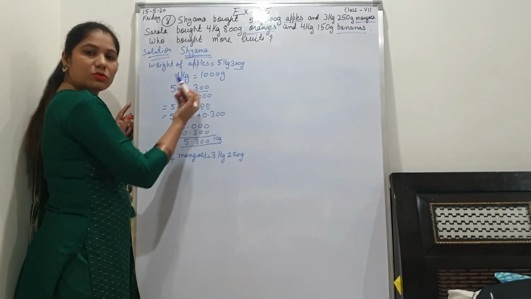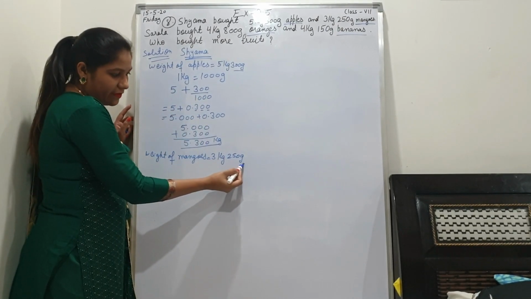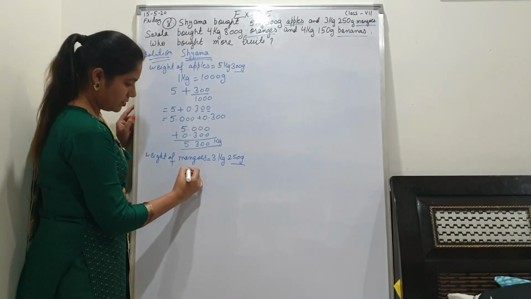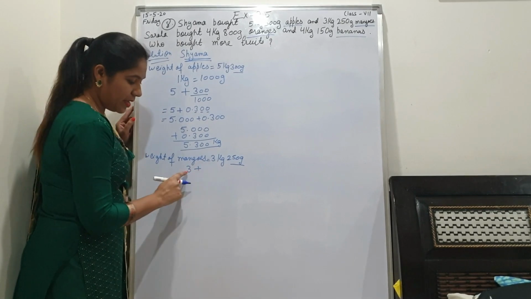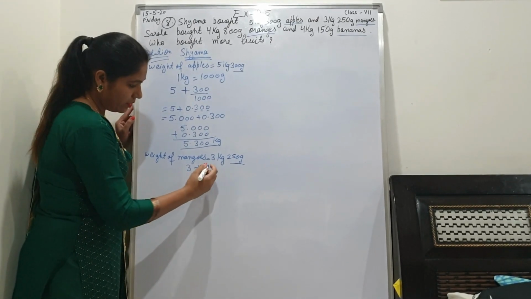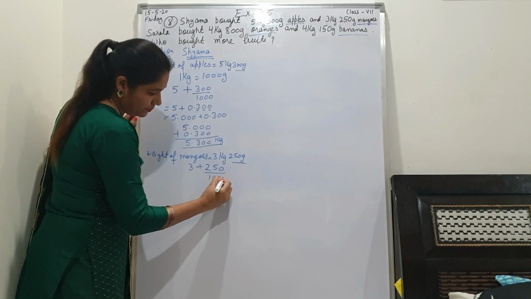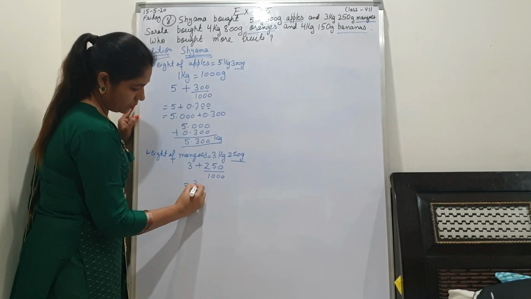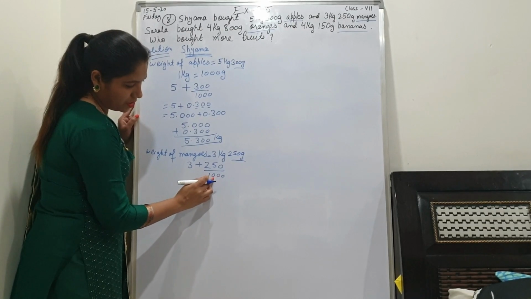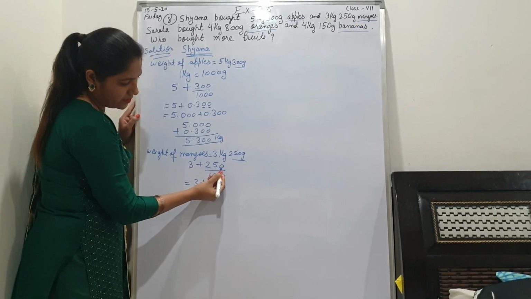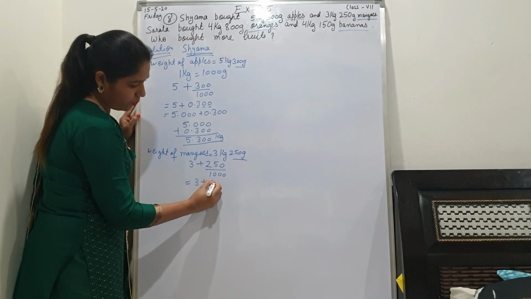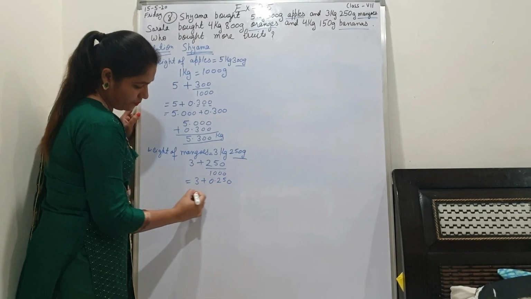Again 1 kg is equal to 1000 gram. We will divide this by 1000. So 3 remains as such because it was in kilogram. 250 upon 1000, leave 3 decimal places, 1, 2, 3, 0.250.